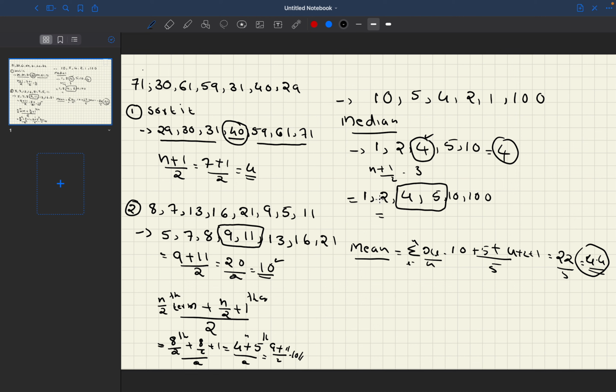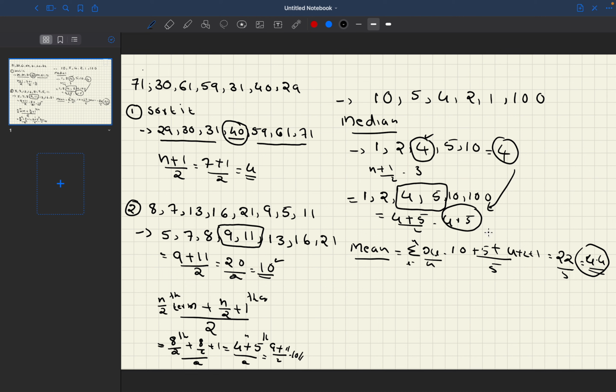Just count it, 1, 2, 3, 4, 5, 6. See, this is 6, this is even. So we have to take the two middle numbers that divide the list into the upper half and the lower half. So this will be 4 plus 5 by 2, which is equal to 9 by 2, which is equal to 4.5. So here we are getting 4.5, and it is almost close, right?